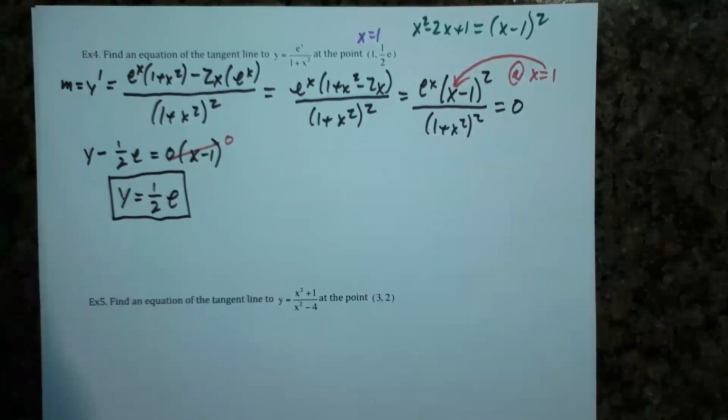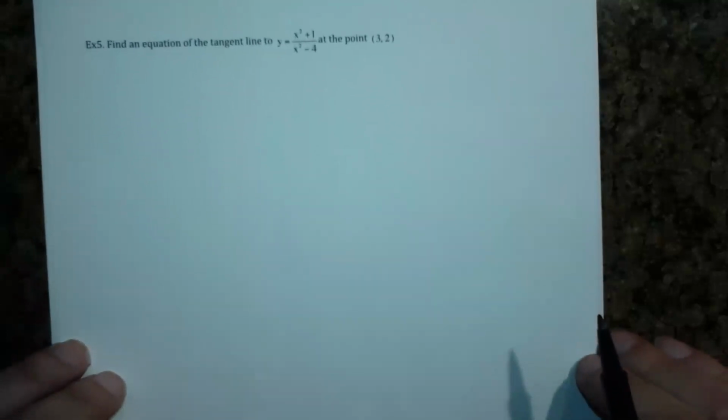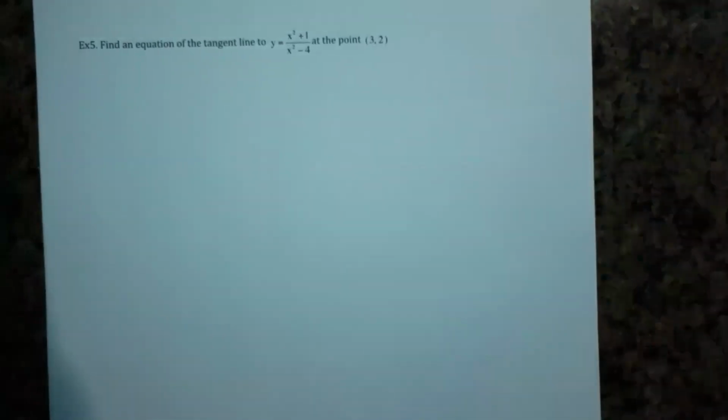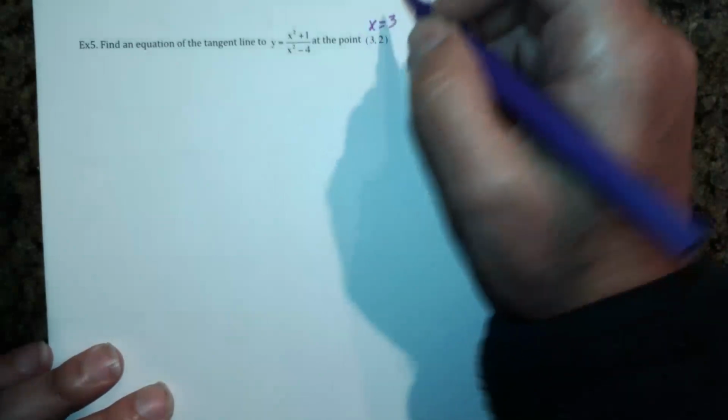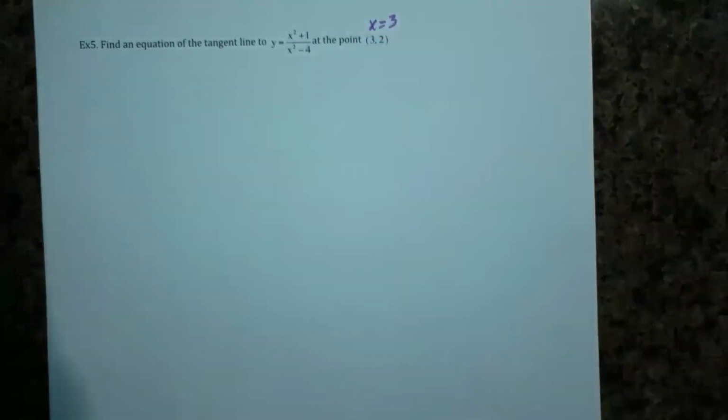All right, one more. We're going to find the equation of the tangent line to this function, y equals x squared plus 1 over x squared minus 4. And once again, I want to point out that this is when x equals 3. So here we go.